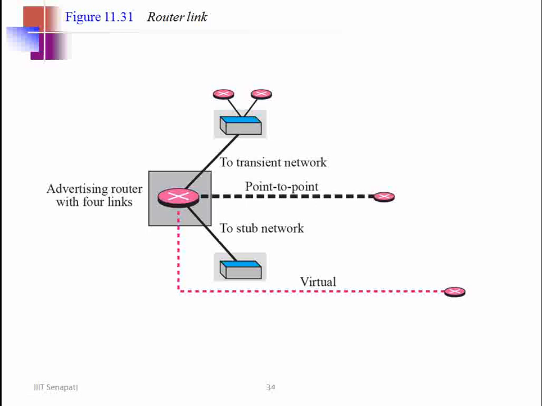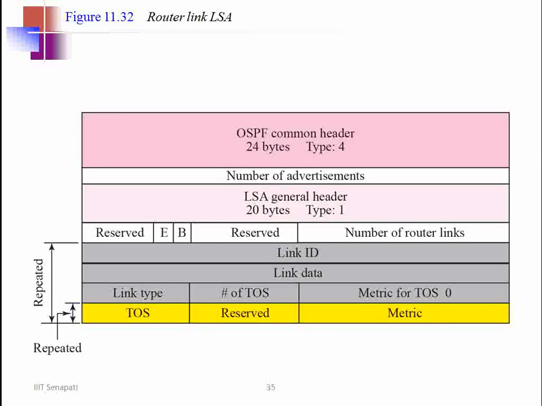So here's link ID and link data. Okay, router link LSA it is. So what is happening, this is our format. Here the LSA general header we have already seen.